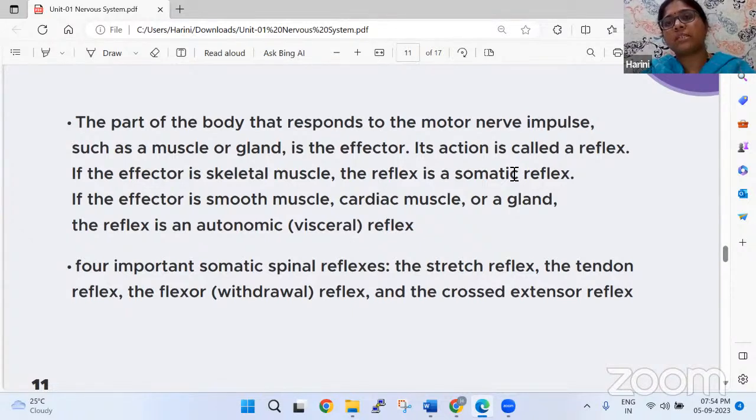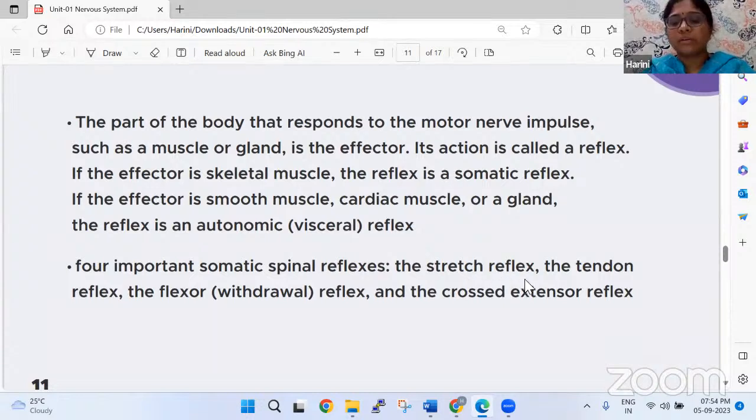The autonomic nervous system controls all others, whereas skeletal muscles are controlled by the somatic nervous system. So the reflex action for skeletal muscles is a somatic reflex. And if it is smooth muscle, cardiac muscle, or a gland, the reflex is known as an autonomic reflex or a visceral reflex.